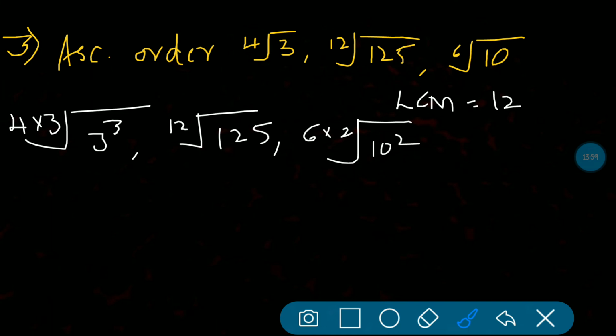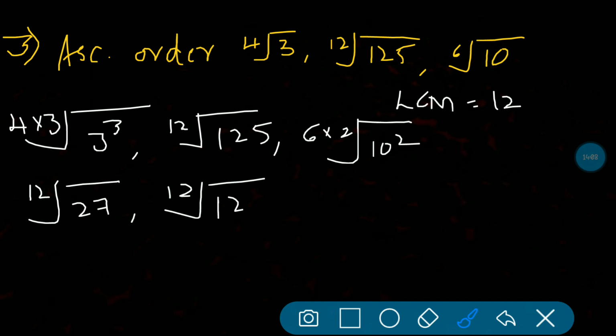This is okay? Yes. Now 4 3's is 12, 3 cube is 27, 125 is as it is, you have to keep it, and the 12th root of 100.